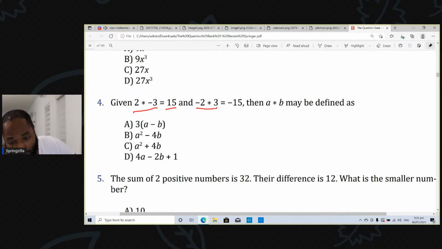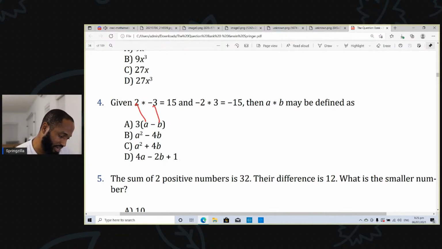Then A star B may be defined as, we had to do a little trial and error here. So, okay, let's put the 2 and the negative 3 in there now. If I put 2 and negative 3 in there, multiply by 3, you get 3 by 5, 15. That would work out nice.